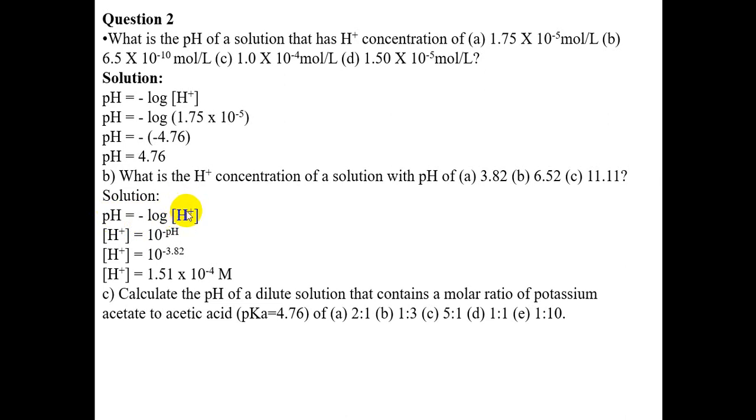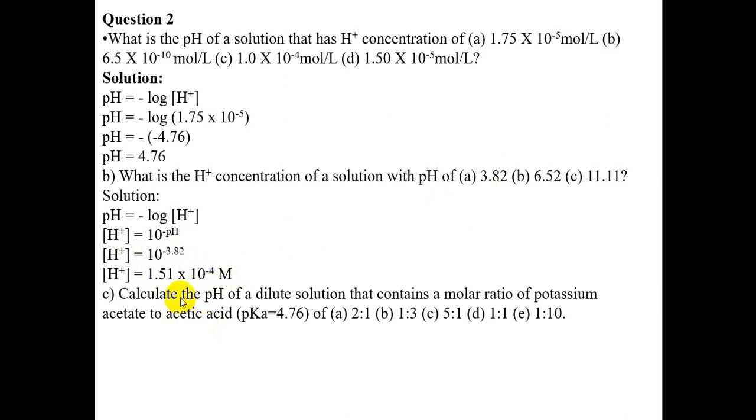So hydrogen ion concentration is equal to 10 raised to the power, with the negative sign already there, then you just go and carry A and put it there. Play this on your calculator to get the result.